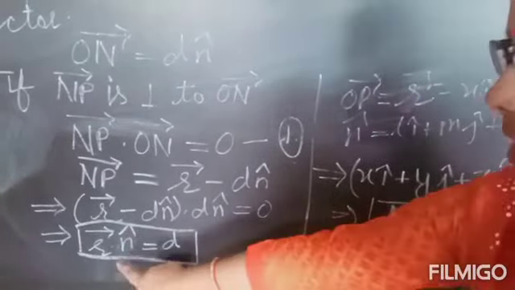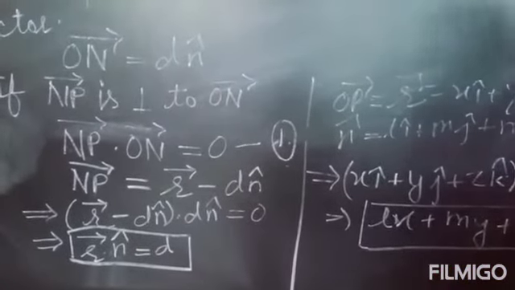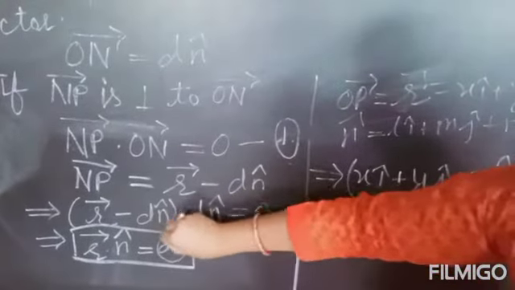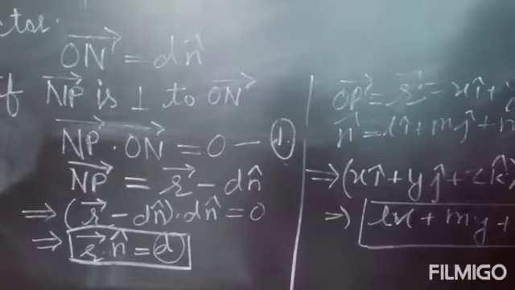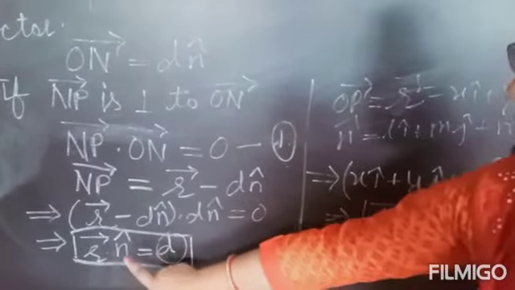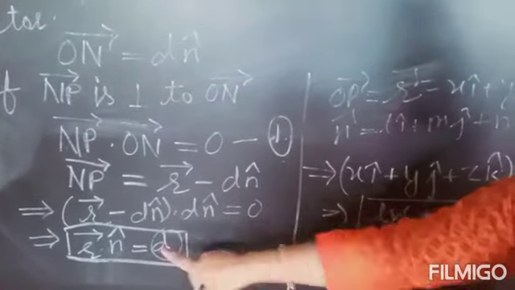Remember students, n is a unit vector. So students, listen carefully. If there is an n unit vector, then this d is the perpendicular distance. If it is not a unit vector, then it will not be the perpendicular distance. It will be just a scalar quantity.